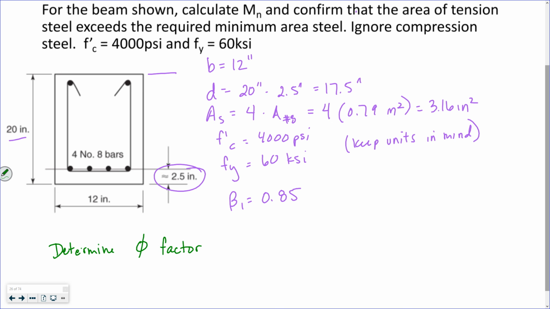Therefore, our distance dt, which is the distance from the extreme compression fiber to the extreme tension reinforcement, is equal to our d, the distance from our extreme compression fiber to our centroid of our steel, because it's a single layer, right?